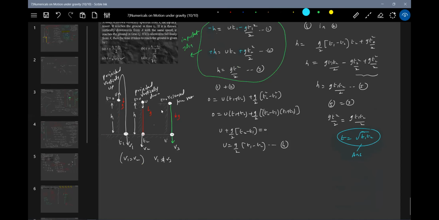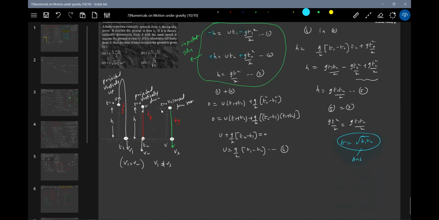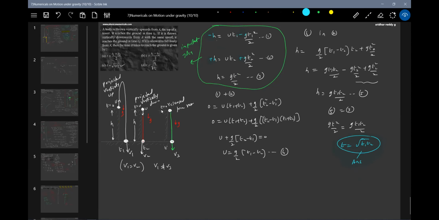So anyway, I'll summarize here. First, read the question. Understand the situation. Draw the rough diagram.